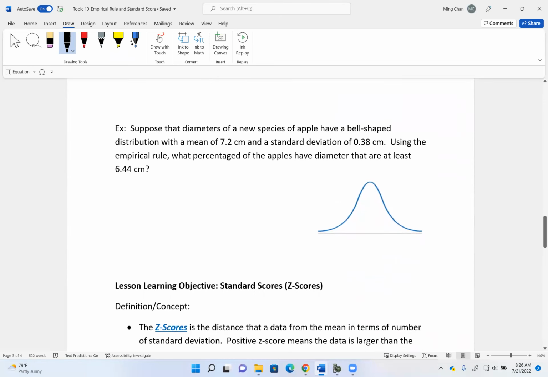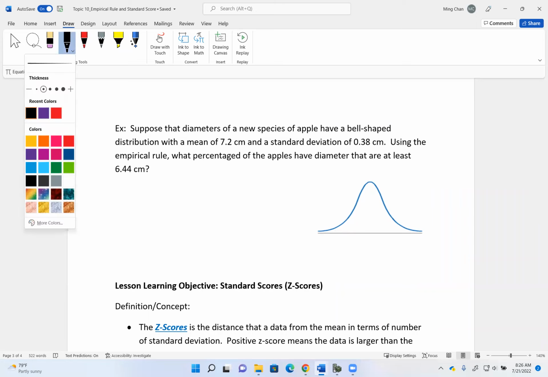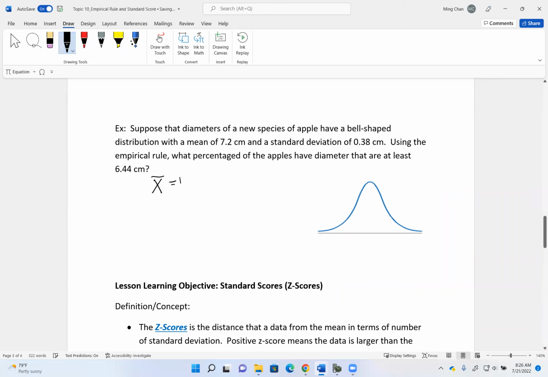All right, let's try another one. Suppose that the diameter of a new species of apple has a bell-shaped distribution with a mean of 7.2 centimeters and a standard deviation of 0.38.